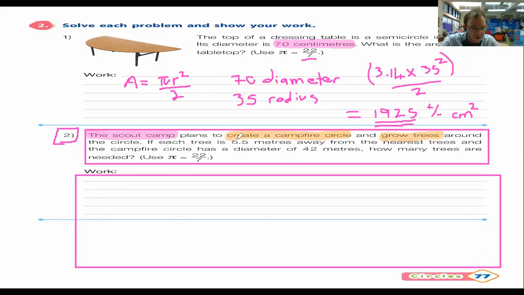Each tree is 5.5 meters away from the nearest tree. So if we have the circle, we have a tree here and a tree here. The distance between the two is 5.5 meters. Remember that. And the campfire circle has a diameter of 42 meters. How many trees are needed?